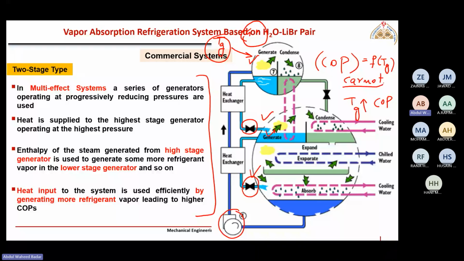That is not only for that reversible refrigeration, but also for the actual system. Higher the TG, higher will be the COP. Okay. Because we can increase the amount of refrigerant. We can generate more refrigerant vapor, which leads to higher COPs.